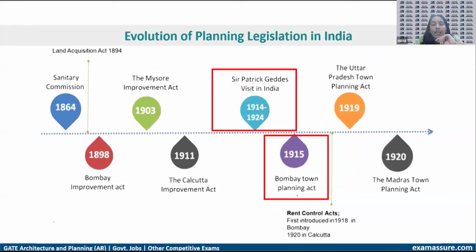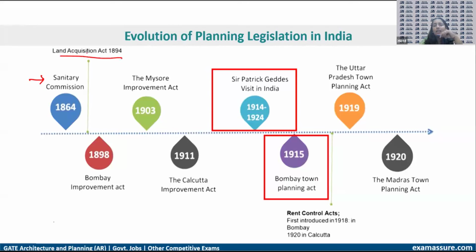And catering to that, the first sanitary commission was formed. This sanitary commission primarily worked upon how the sanitation system within that particular settlement or city could be improved. The focus was more on that. After that came the Land Acquisition Act that we just discussed.